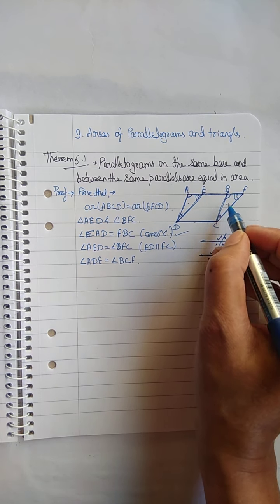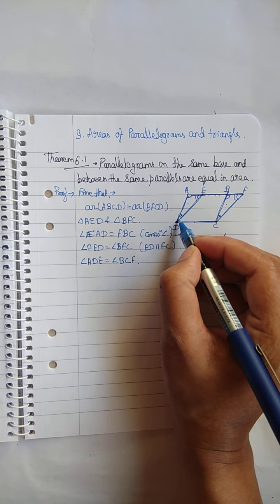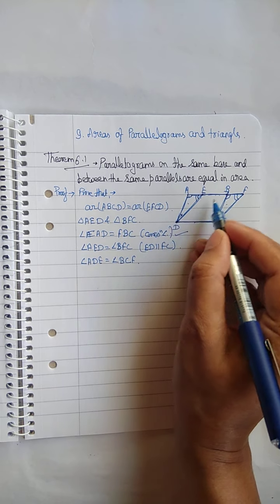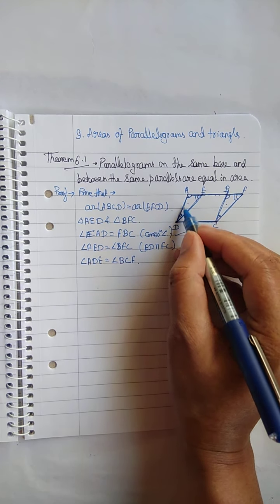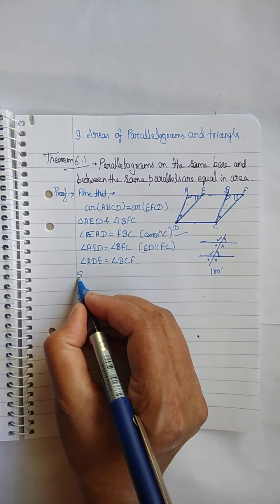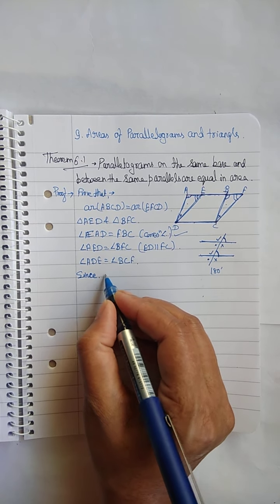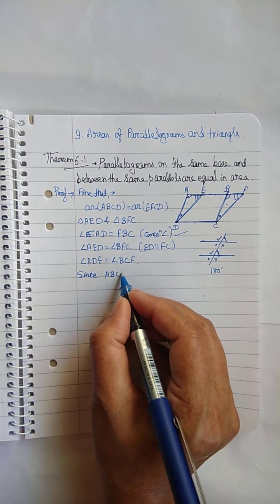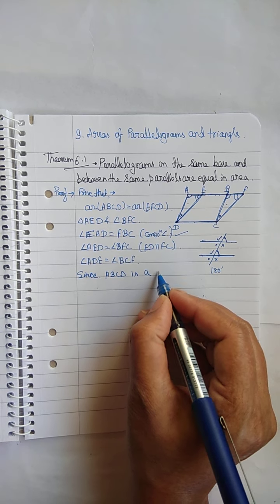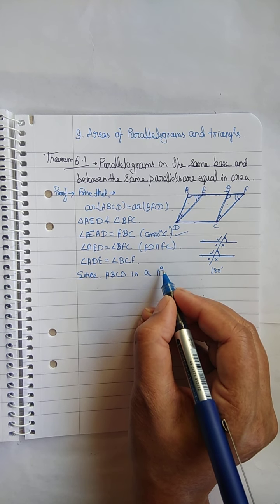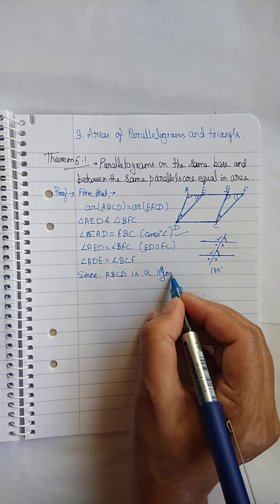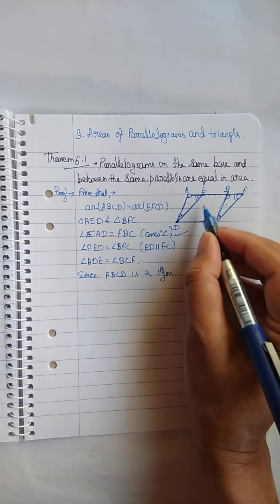So to prove congruence, one side should be equal also. So you can see here, since ABCD is a parallelogram. Correct? So ABCD is a parallelogram.